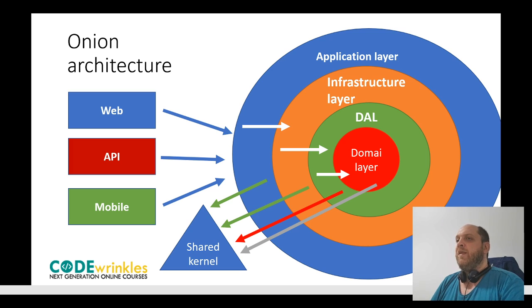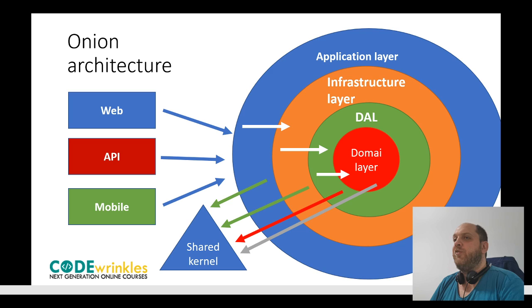Then we have the data access layer, and this data access layer depends on the domain layer. So if we have a DAL project in the data access layer, we would add a dependency to the different projects that we might end up having in the domain layer. But we will never add in the domain layer a dependency on a project that is part of the DAL layer.